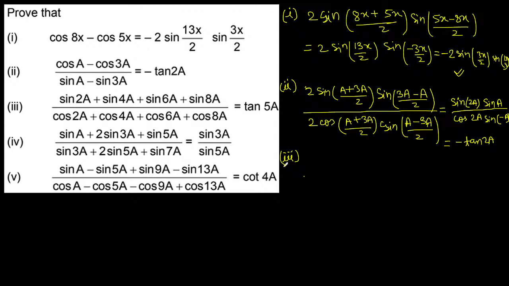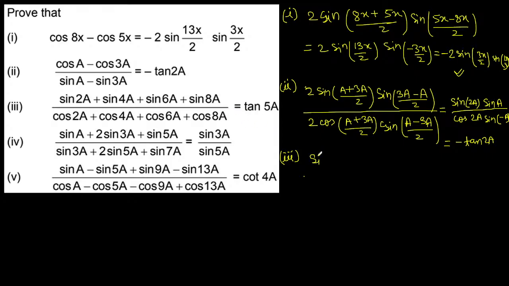Third one, sin 2a plus sin 4a plus sin 6a plus sin 8a. Okay, we got some longer one. So we'll do sin 2, sin 8, sin 4, sin 6.